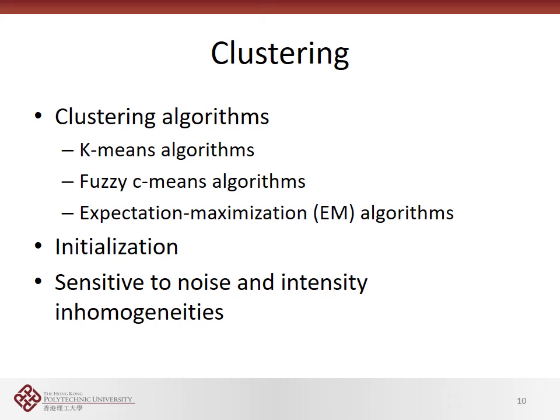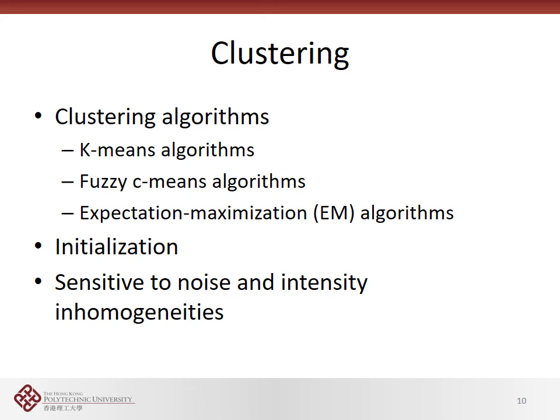Here I list some famous clustering algorithms: K-means algorithms, fuzzy C-means algorithms, and EM algorithms, the expectation maximization algorithm. Most of these algorithms are quite complicated, so I don't want to introduce a lot of details. If you are interested, you can find some papers to learn more.